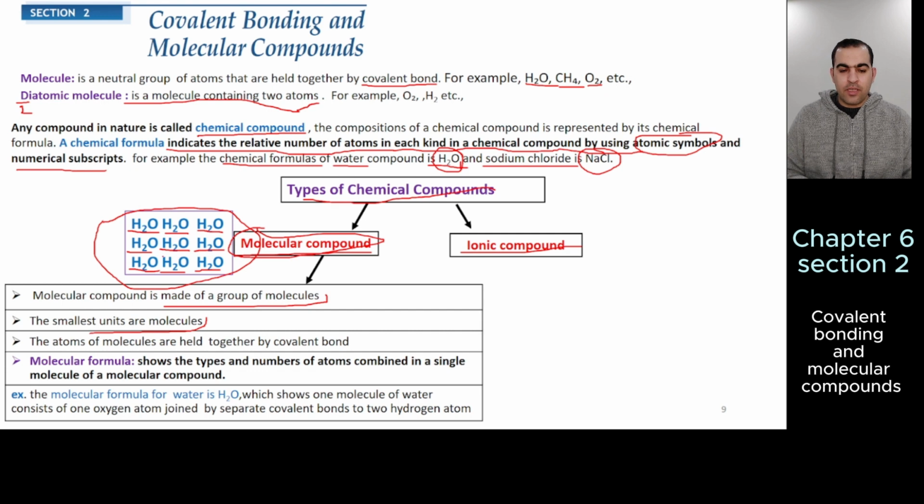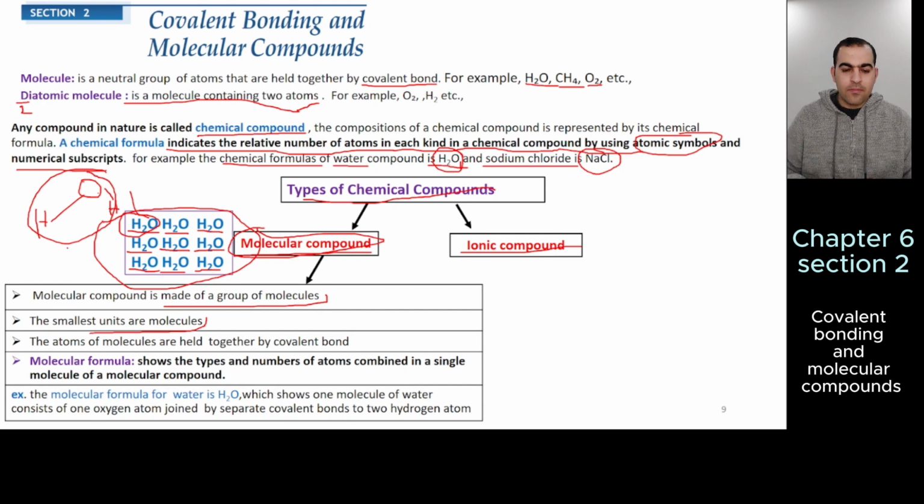What's important here is that molecules are held together by covalent bonds. The H2O molecule is made of an oxygen and two hydrogens, and the bond between oxygen and hydrogen is a covalent bond, meaning the atoms are held together by covalent bonding.